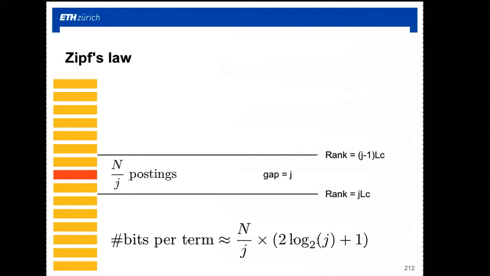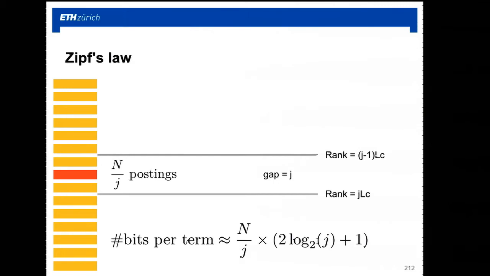Here, I have 2 times log j plus 1. So I need to take the log, right? But it's twice the size. So this is where the twice is. So this is the length of the encoding of one gap right here. And I multiply it with n over j, because n over j is the number of gaps. So this is the size of one gap, and this is the number of gaps that gives us the total size of a posting, right?